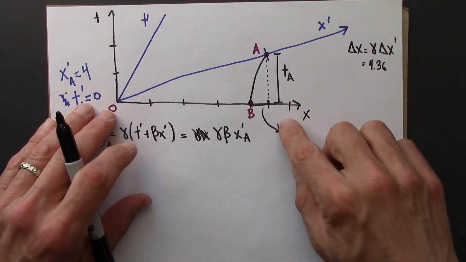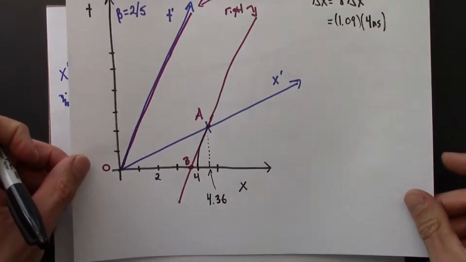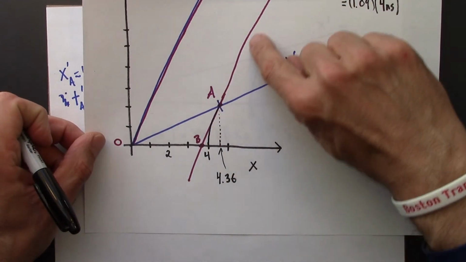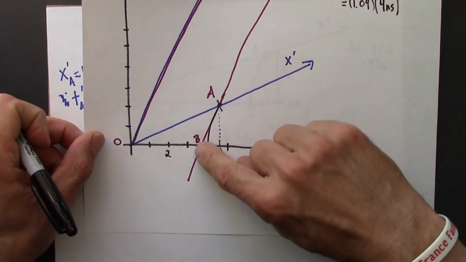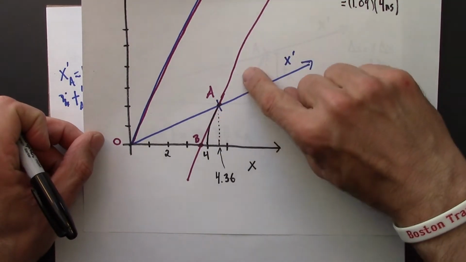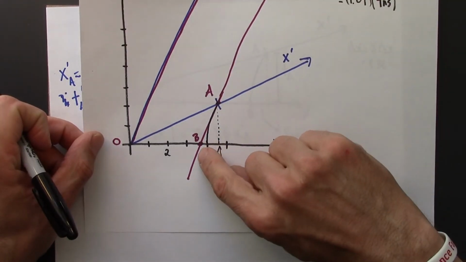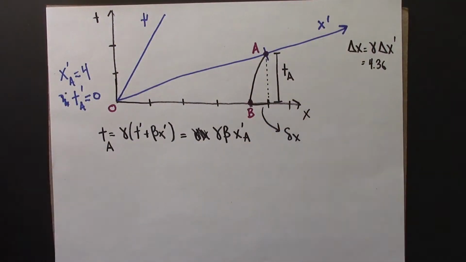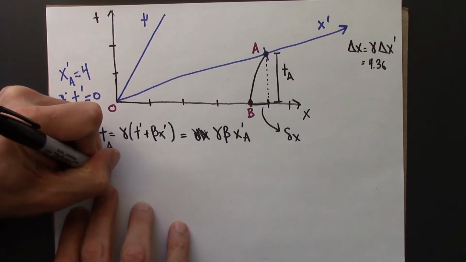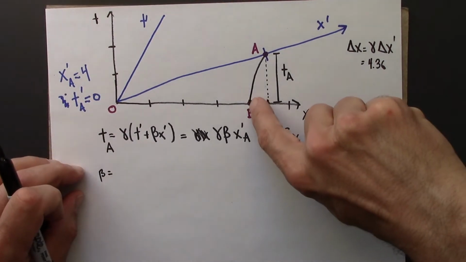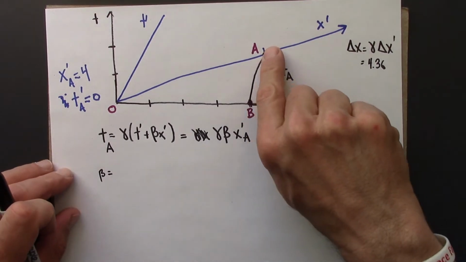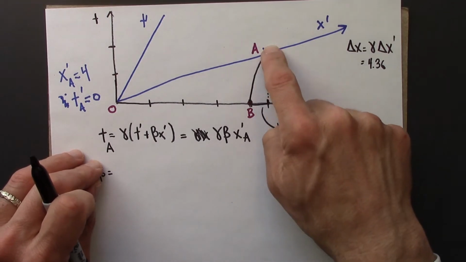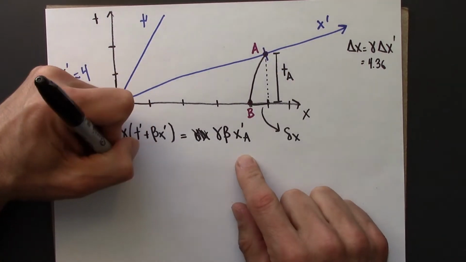The thing to remember, and I didn't draw this here because it was going to get too cluttered, is that A and B are connected by the world line of the right side of the stick, and this moves at a speed of beta. Beta is 2/5 in this case. So what that tells me is that beta, the speed of the right side of the stick, is how far it goes in the x direction divided by how far it goes in the time direction, distance over time.